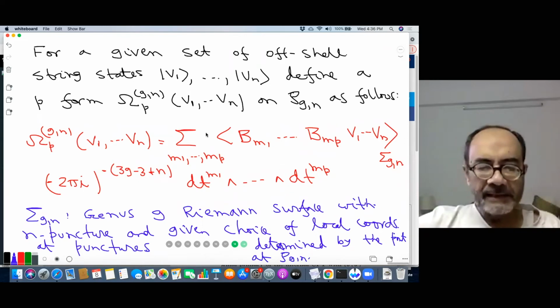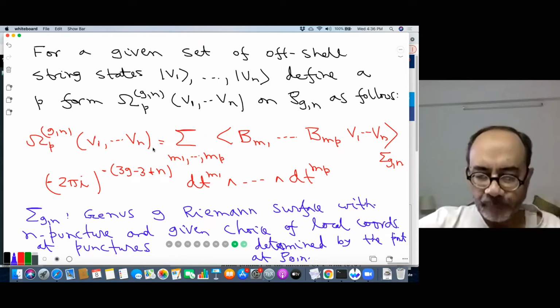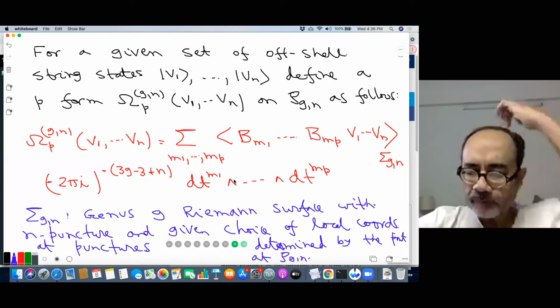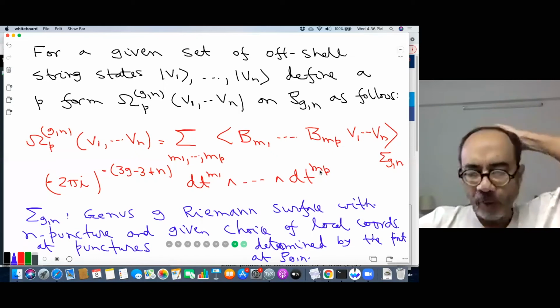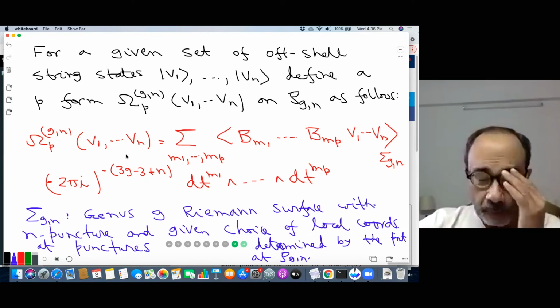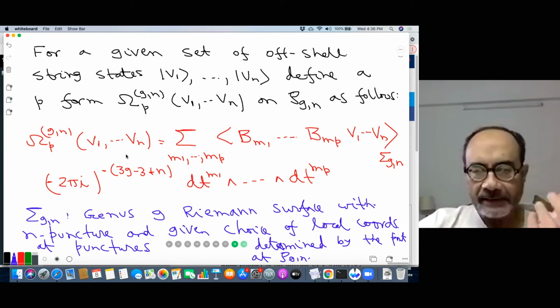So you see, this is supposed to be a form on P_{g,n}. It's clear, right? Because you have the wedge product of dt_{m1} to dt_{mp}. So this is a p-form. But this form on P_{g,n}, of course, will depend on the particular point at which we are computing the form. So where does that information go in?